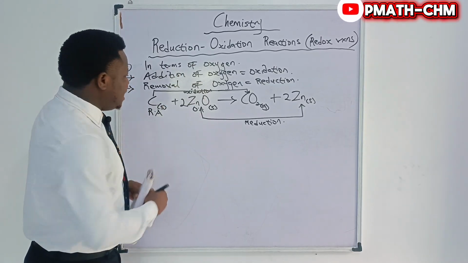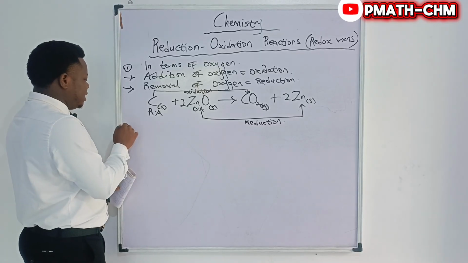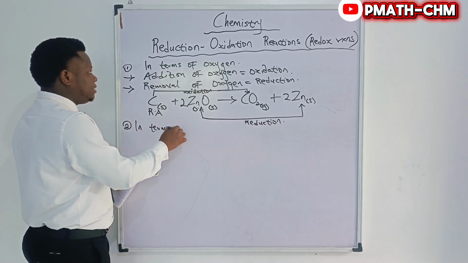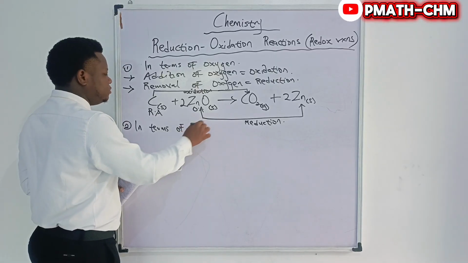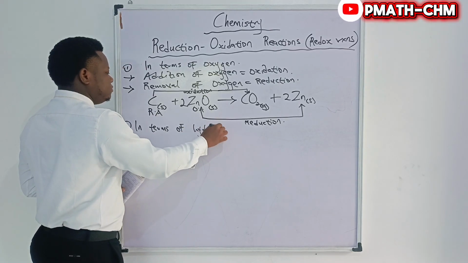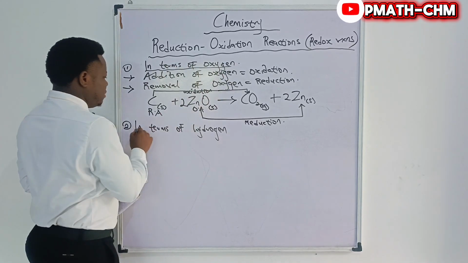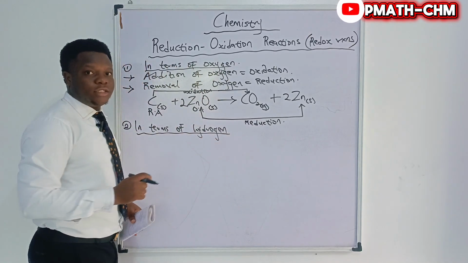That is all for the definitions in terms of oxygen. Now the next definition we're going to be looking at is in terms of hydrogen. So we have dealt with this in terms of hydrogen.